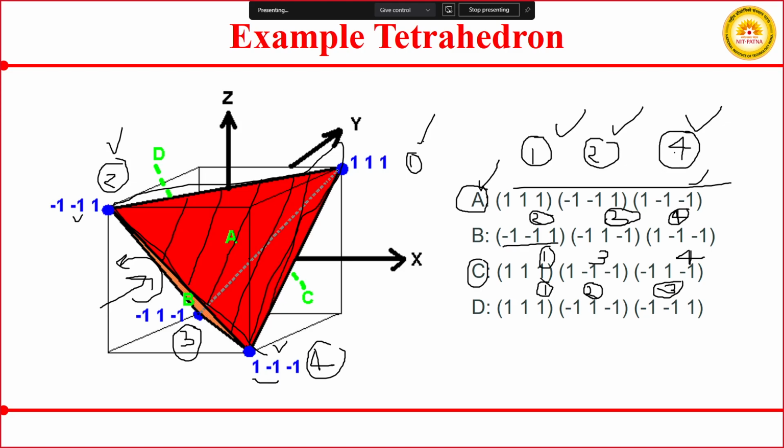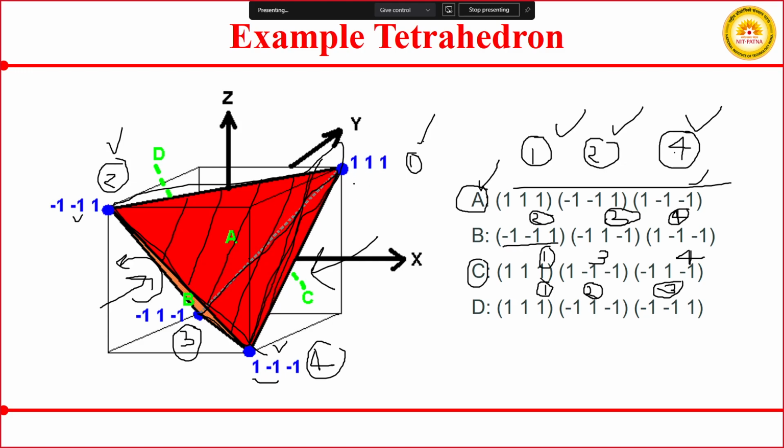And since surface C is behind this triangular surface, the viewing direction will be from this side. If you want to see from the front, then this will be your viewing direction.